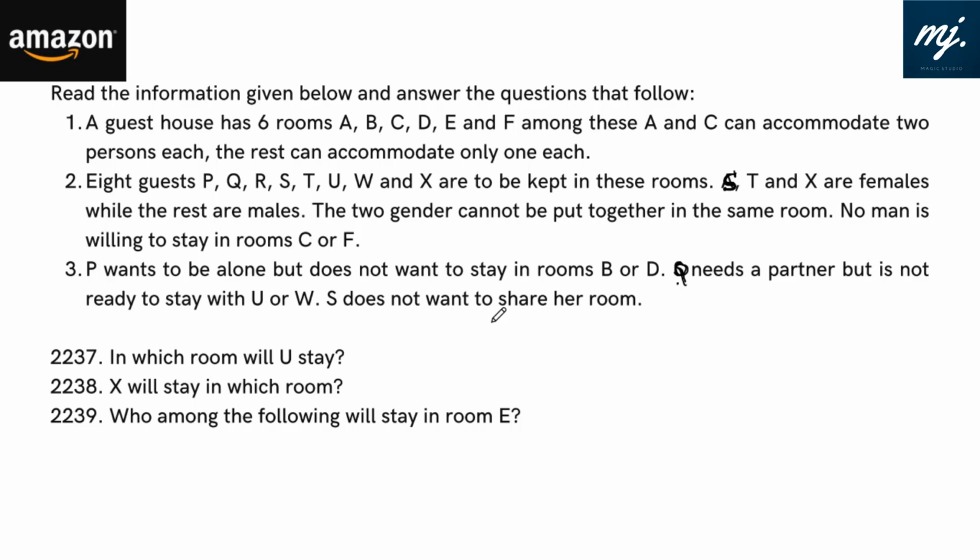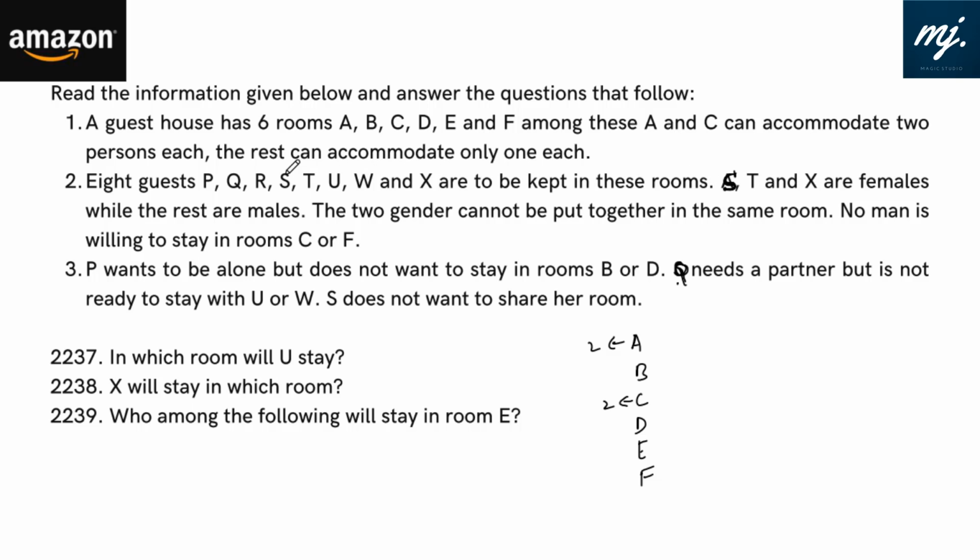Okay, in this caselet or puzzle, what we have? A guest room has 6 rooms, A, B, C, D, E and F. Among these, A and C can accommodate 2 persons each. 8 guests P, Q, R, S, T, U, V, X are to be kept in this room.